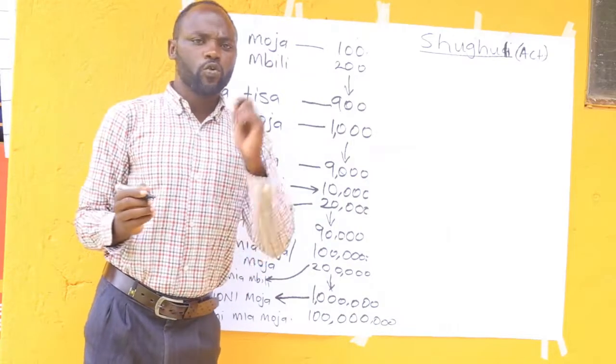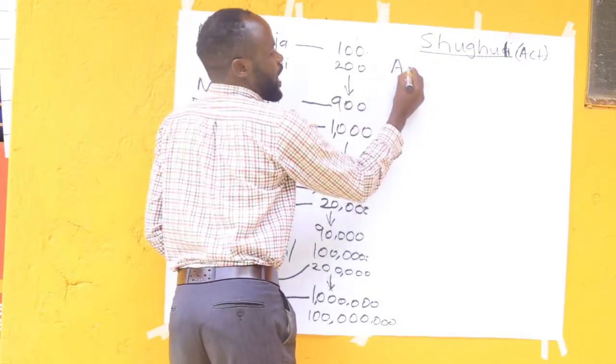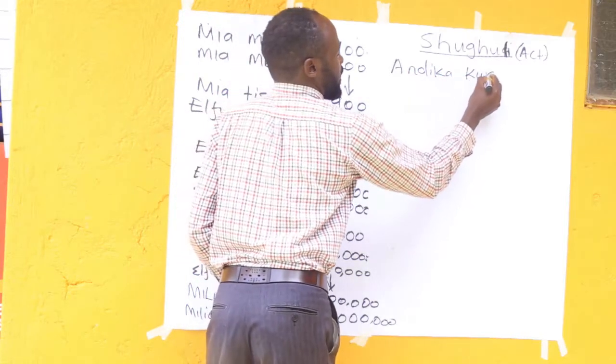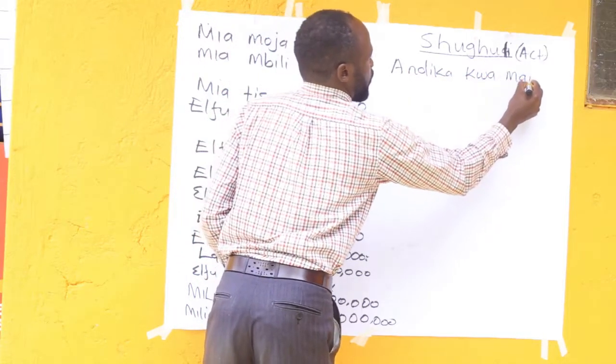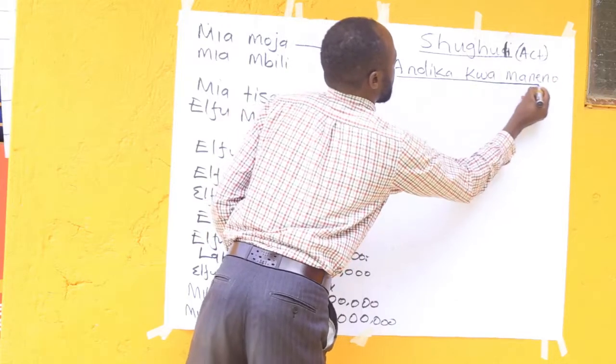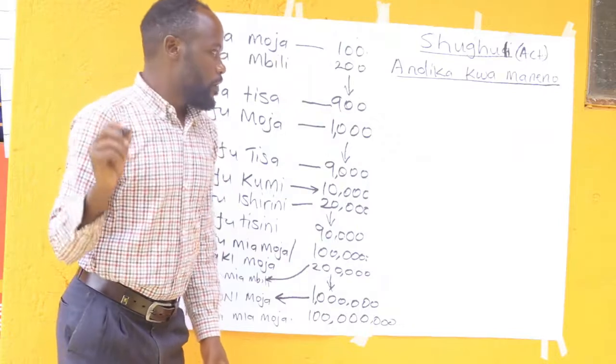So, shughuli is activity. I have this work, andika kwa maneno. Write in words.